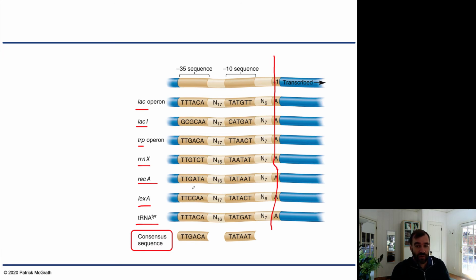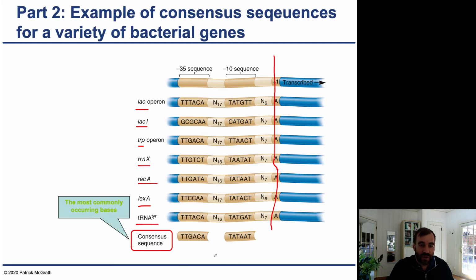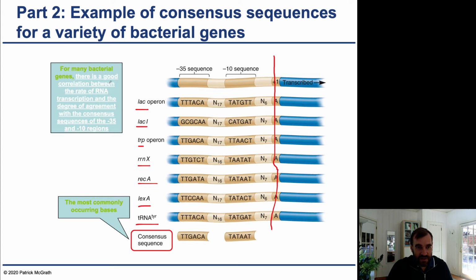There are certainly programs that attempt to do this, but they are not perfect in any way. So often we have to experimentally determine the start of transcription. But once you characterize it, if you look upstream, very often you'll find something that looks a lot like the consensus sequence. The consensus sequence is just the most commonly occurring bases.